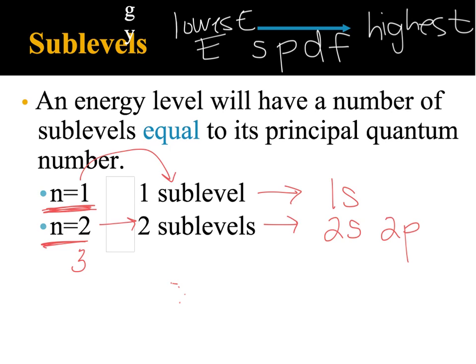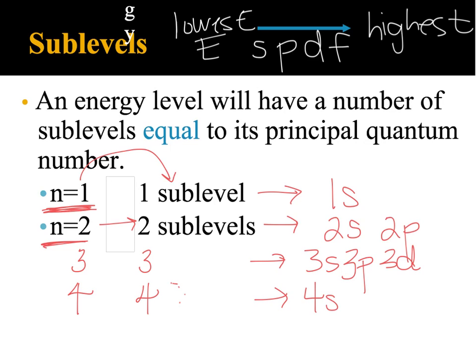In the third, there are 3 sublevels: the 3s, the 3p, the 3d. And the fourth level is the 4s, the 4p, the 4d, and the 4f.